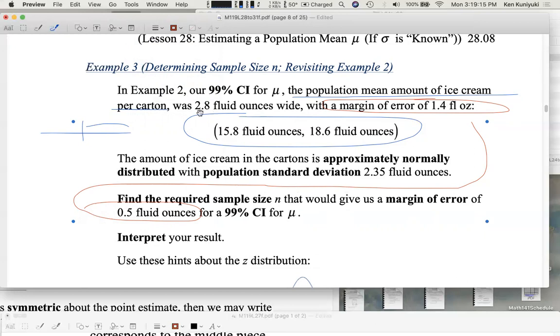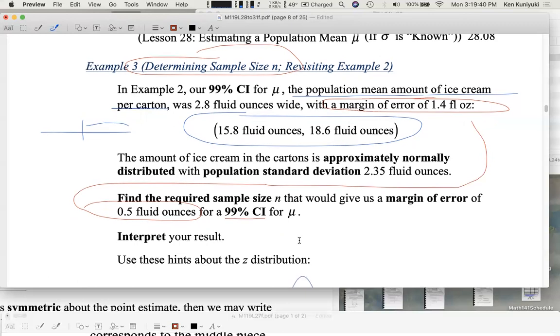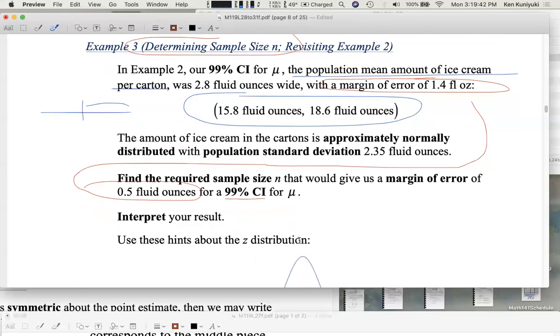I'm going to replicate this experiment, but I don't want a margin of error of 1.4 fluid ounces. I want to determine the sample size little n so I'm guaranteed a margin of error of 0.5 fluid ounces, assuming, again, 99% confidence. And we'll interpret the result.